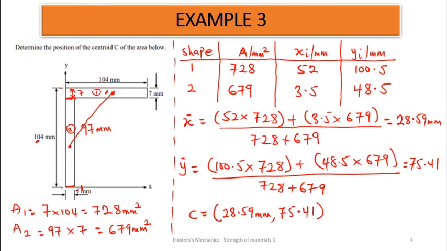So 28 will be somewhere here on the x, and the y is going to be 75. So this entire thing is 104. So 75 will also be somewhere here. So when you trace this and you trace that, this is not drawn to scale, you see that the center will lie on a point that is joining, or a line that's joining the centers.